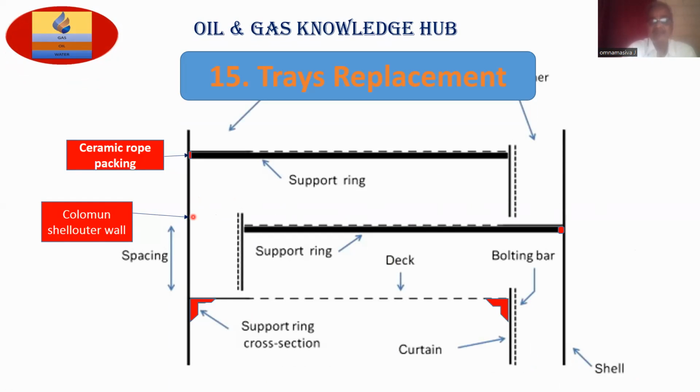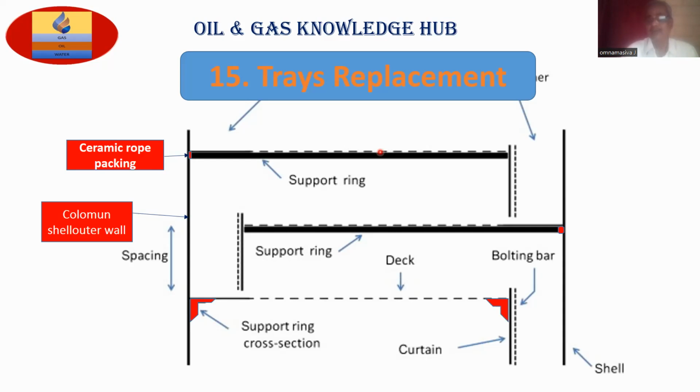Now there are so many trays, and we have discussed the types of trays previously. For a period of operations at higher temperatures, pressures, and high velocity differences, a lot of damage will occur in the trays inside.